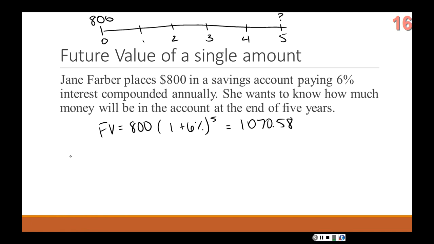So we're wanting to know the future value. We know the present value is 800. N is 5. The interest rate is 6. And we're wanting to know the future value.